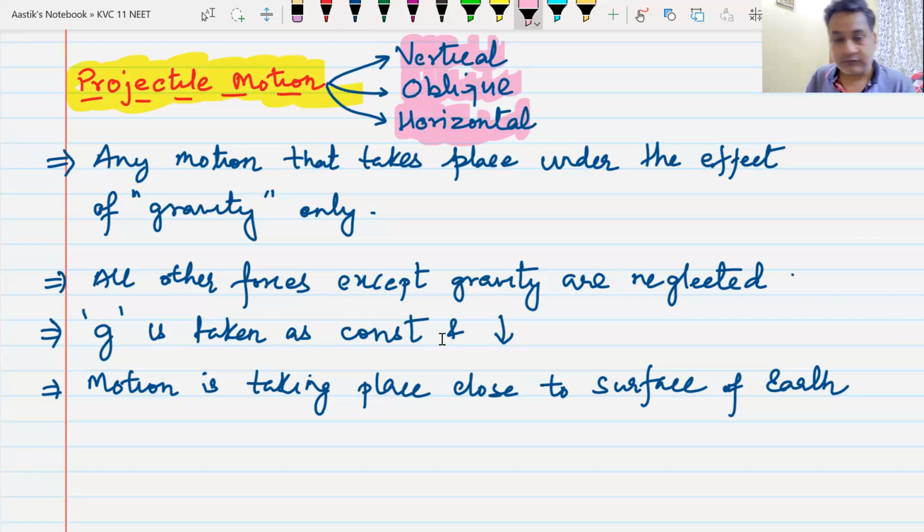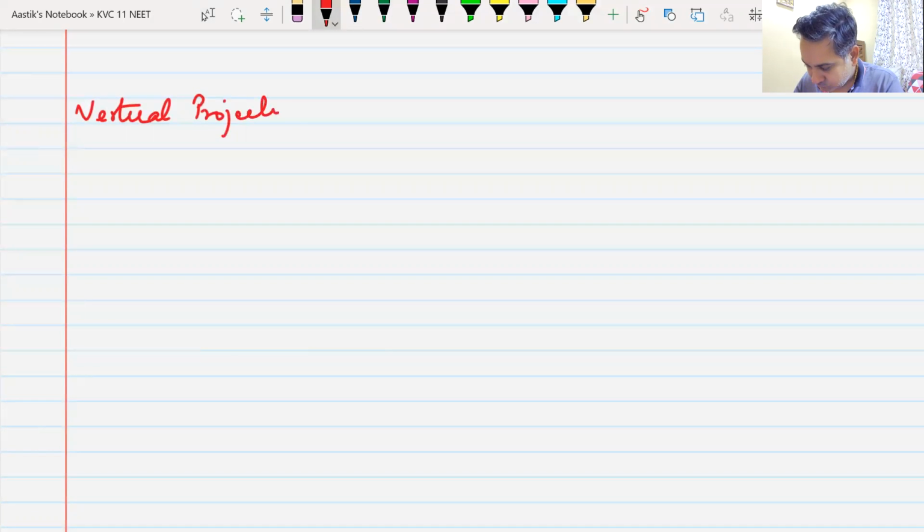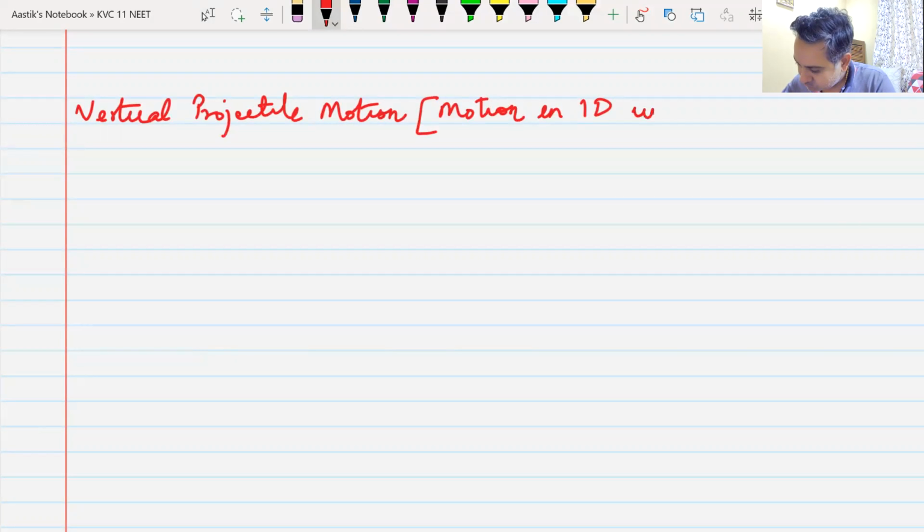Which one? The one we have already studied is vertical projectile motion. Vertical projectile motion was nothing but motion in 1D under gravity.